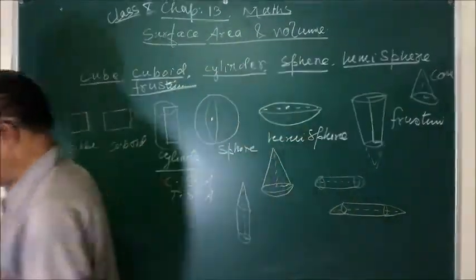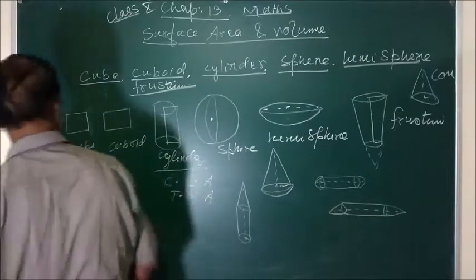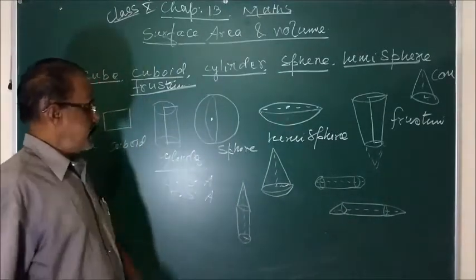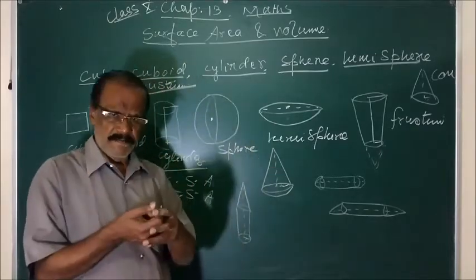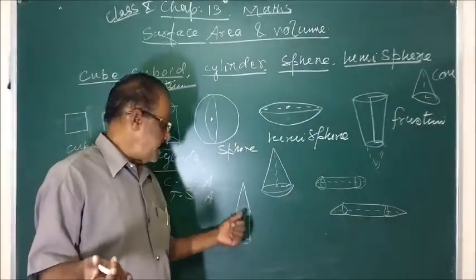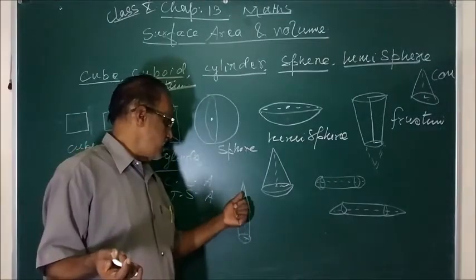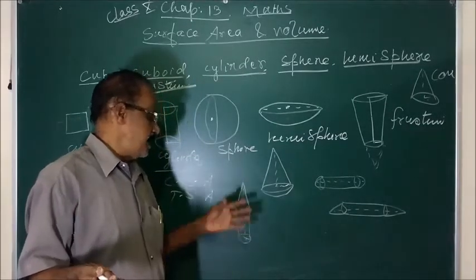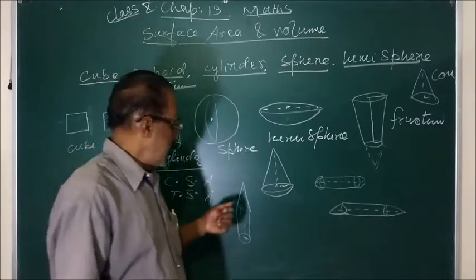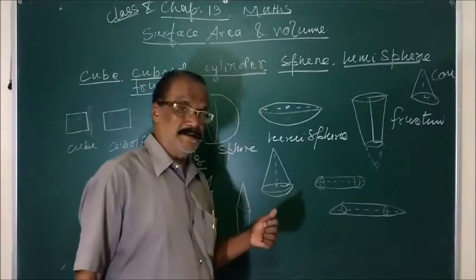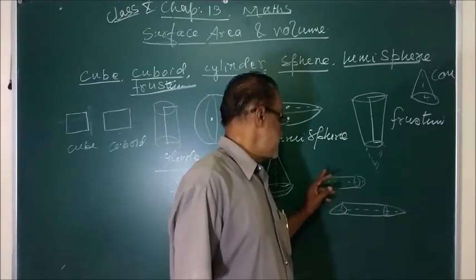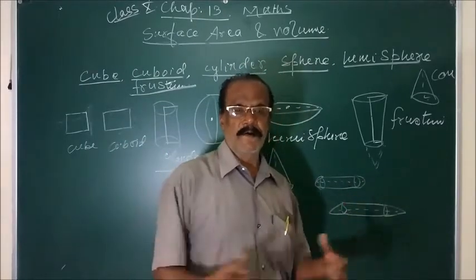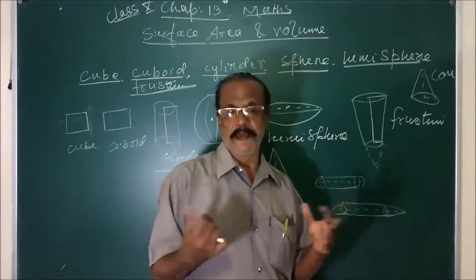Now you might have understood what these figures are. These figures are combined. Maybe a cone is inverted over a cylinder, a hemisphere is surmounted by a cone, and the ends of a cylinder are surmounted by 2 hemispheres like this.